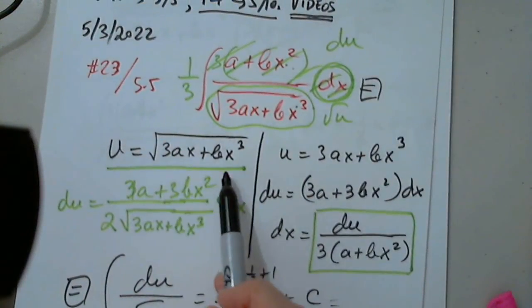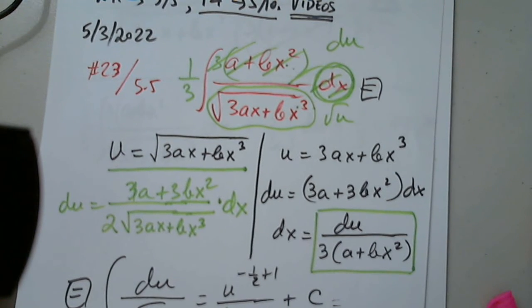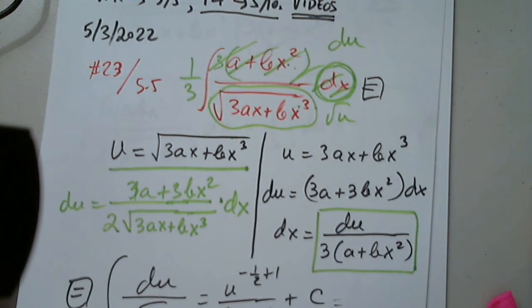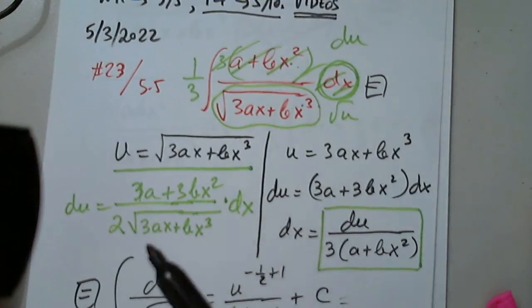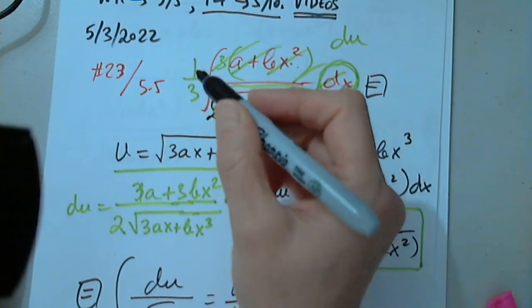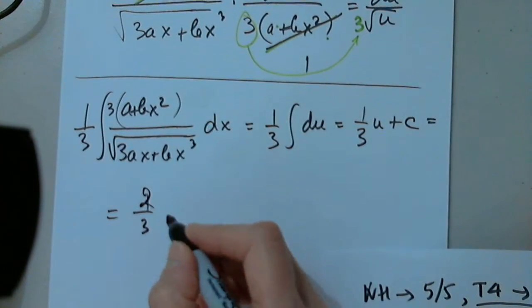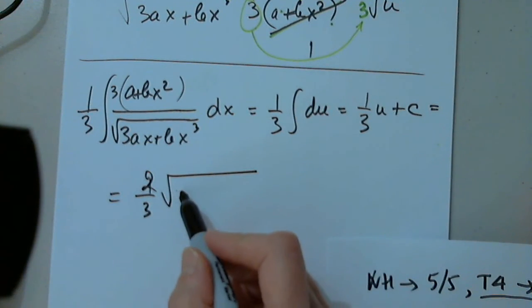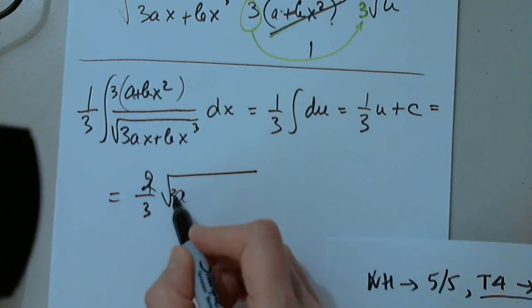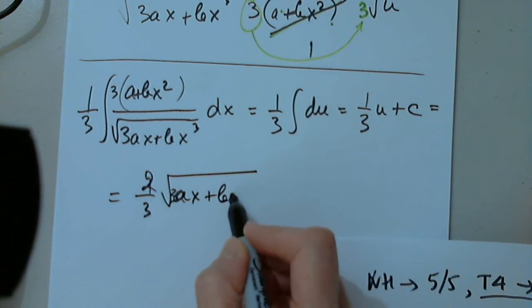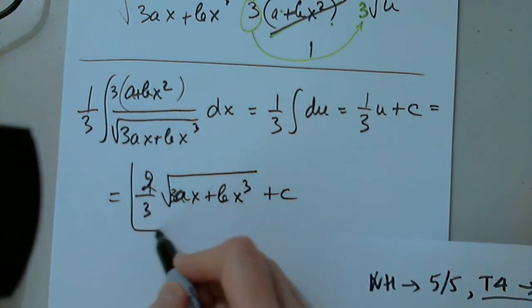U was the square root, and we have a 2 in the denominator. So 2/3, the square root of 3ax plus bx to the third plus a constant c.